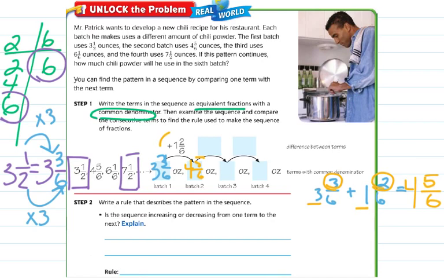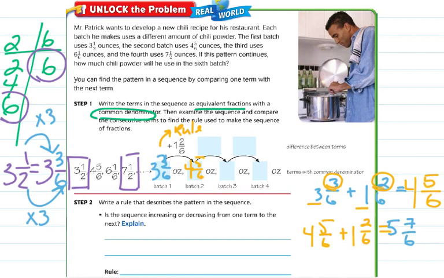Now, boys and girls, because we're using a rule, we're going to continue to add the same amount. So we have 4 5/6 plus 1 2/6. So again, we add the whole numbers. 4 plus 1 is 5. And then we have 5 plus 2 is 7/6. But now, boys and girls, we know that the numerator cannot be bigger than the denominator.